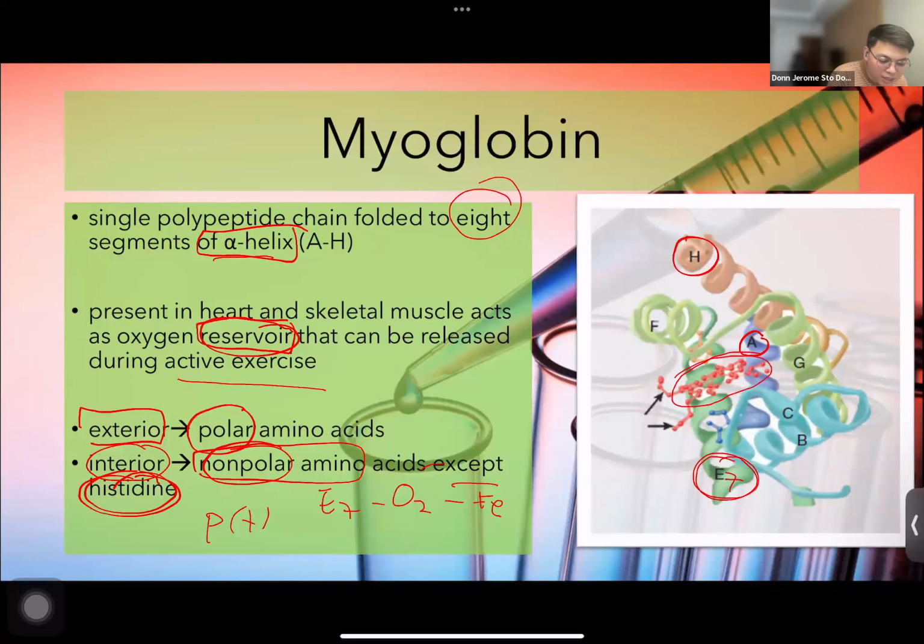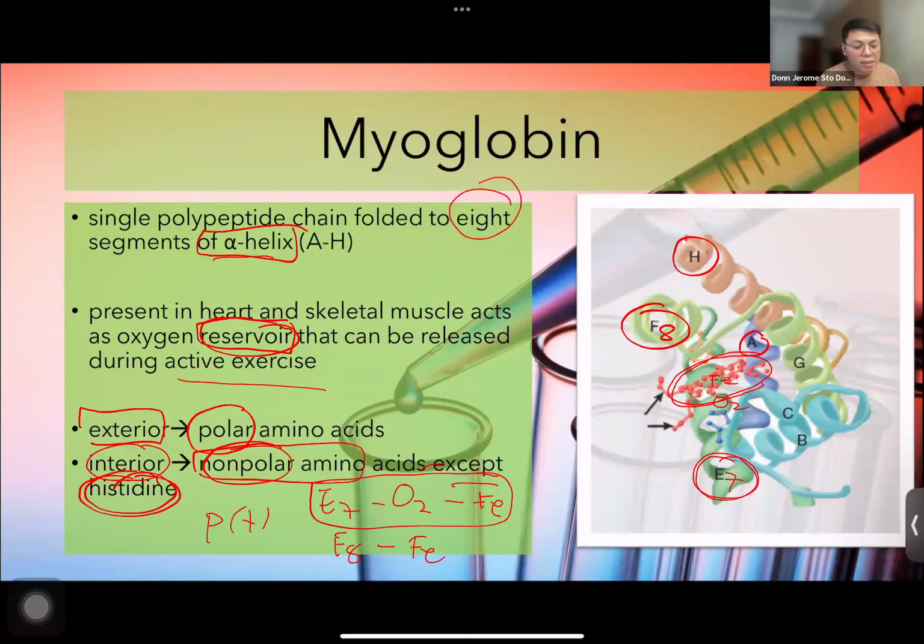Ito po ba yung heme na diniscuss natin kanina? Yes po. Sa gitna po ba niyan may iron? Yes po. Meron po bang oxygen na magbabind dyan? Yes po. The distal histidine stabilizes the bond between oxygen and iron. The other histidine is present on the proximal portion, F8, that directly binds with iron. Okay? So yun yung structure ng myoglobin.